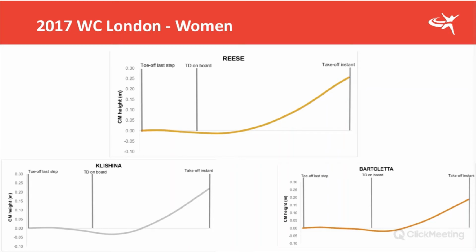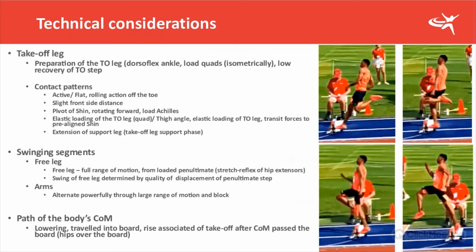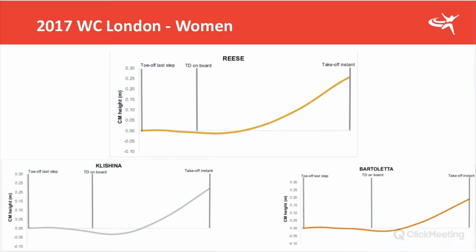So in terms of the path of the center of mass, and just illustrating that last point at takeoff, we've got some visual representations of this, again, pulled from the 2017 World Championships. As you can see with Brittany Reese, just after touchdown on the board, there's a little bit of lowering.